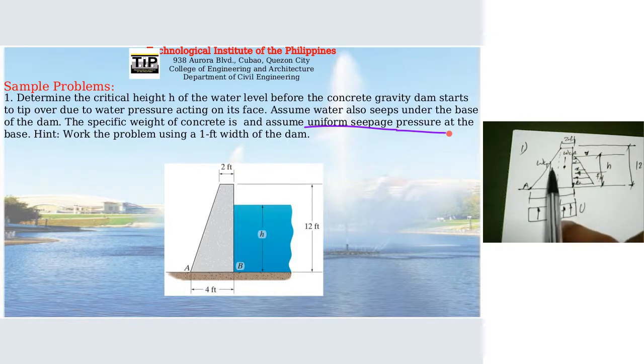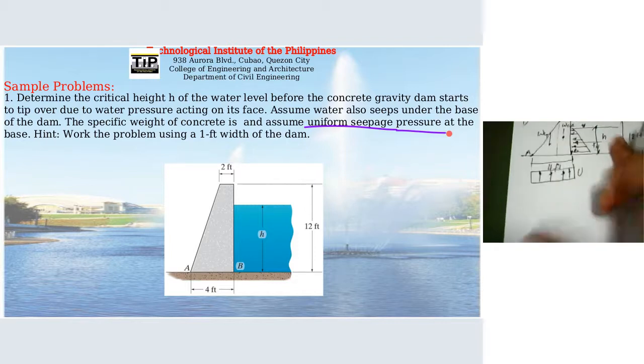So we divide it into, we have weight of concrete for this rectangular figure, and then we have weight of concrete for this triangular figure. If we add these two weights, then we will get the total for the dam. Okay, so now let us solve for the magnitude of each of these forces.